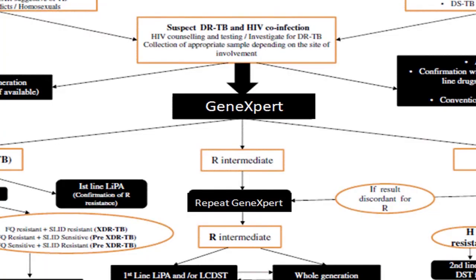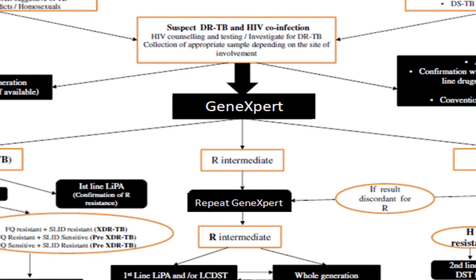This is a crowded slide, indicating the diagnostic algorithm for diagnosis of tuberculosis. We can have a presumptive TB case in PLHIV or in smear negative chest X-ray cases, previously drug treatment history case, and then we can have a diagnosed TB case.